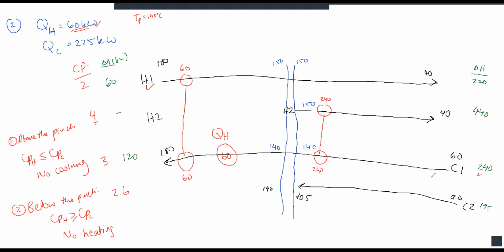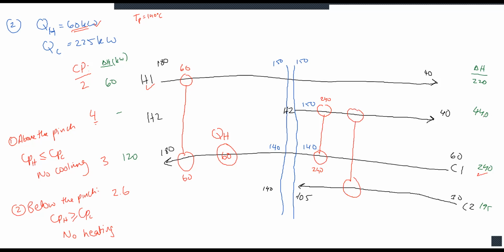This way, C1 is done, and in H2, I still have 200 left. So now let's have a look. H2 to C2. H2 has a CP of 4. C2 has a CP of 2.6. 4 is greater than 2.6. So in this case, I'm going to connect them with a heat exchanger.